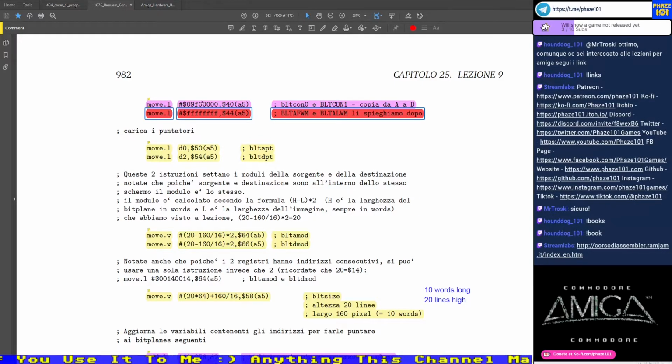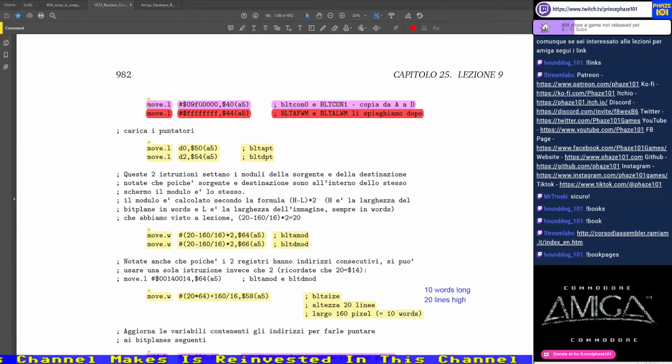So BlitCon 0 and BlitCon 1, we are moving, as you see, our famous number, the 09F0. This is channel A and channel D, and our minterm F0. BlitCon 1 has got 0 in it because we are not using anything.